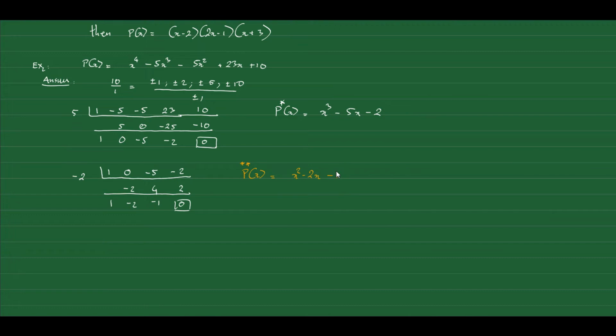Okay. And now we have to keep going. So we know 5 is a factor, we know -2 is a factor. How about this one? Maybe this can be a factor too.